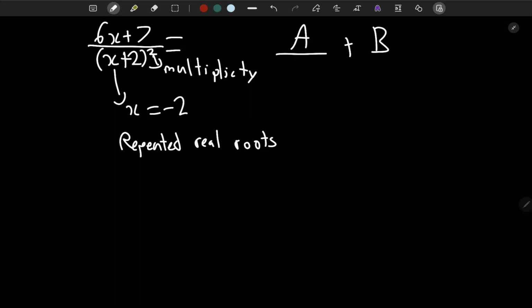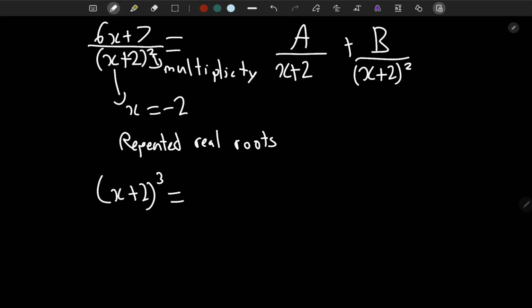So here we will get a over x plus 2 and b over x plus 2 squared, since there is only one repeated real root and the multiplicity is 2. Now let's say, just as an example to make it more clear, we have x plus 2 cubed. So we would have, as you know, 3 unknowns, a, b, c, since the x power would be 3.